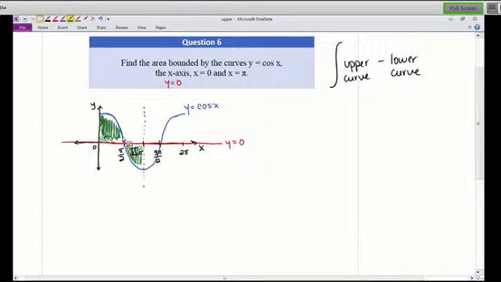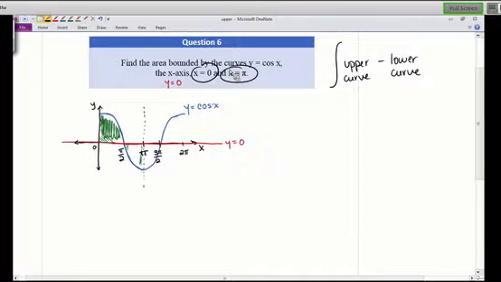You need to know the curve. Now the second shaded region is the area bounded by the y-axis, which I have in red, and the cosine curve, which I have in blue, but it has to stop at pi. Why are we stopping at pi?